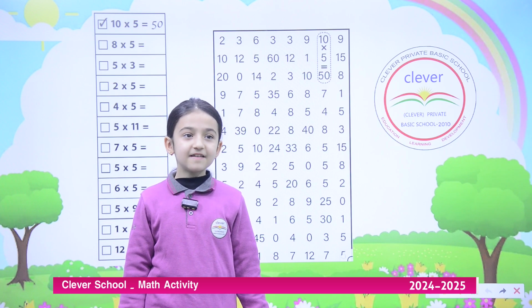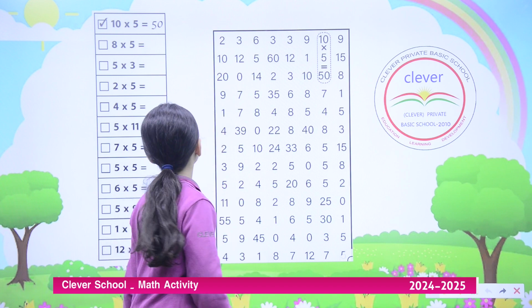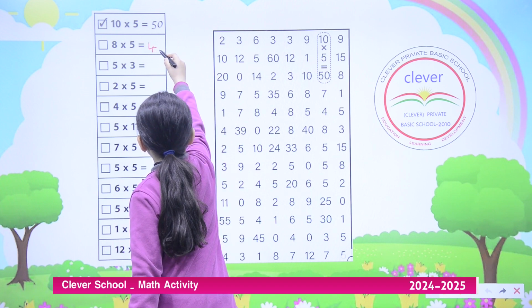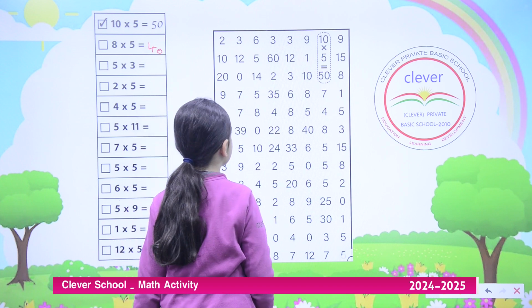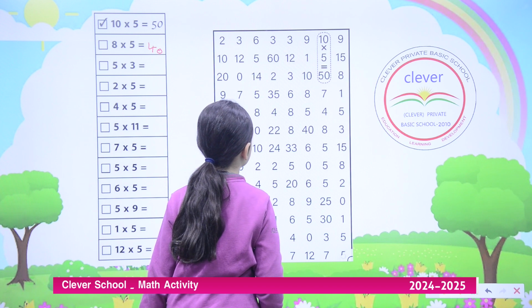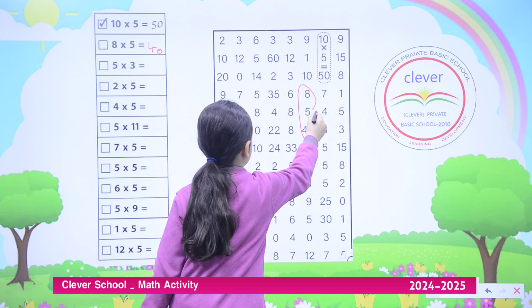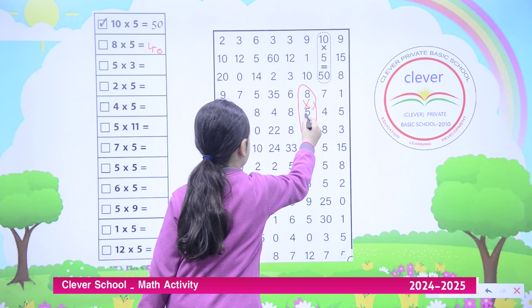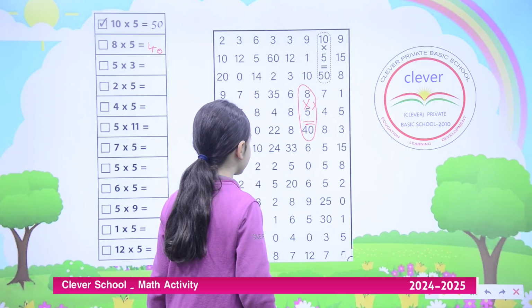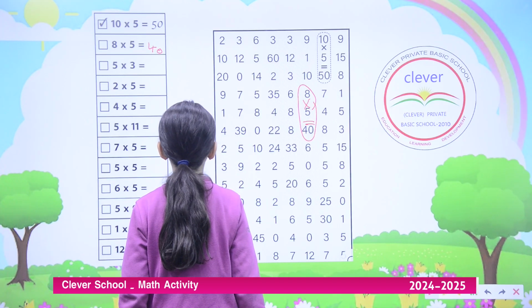Find 8 by 5 equals 14. Five by 3 equals 15.